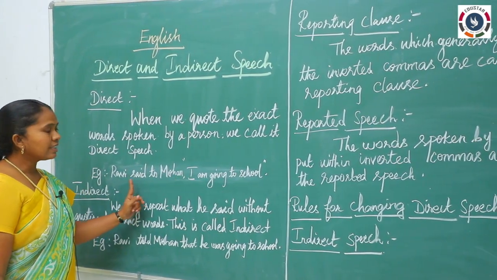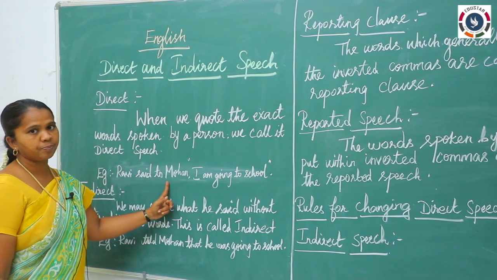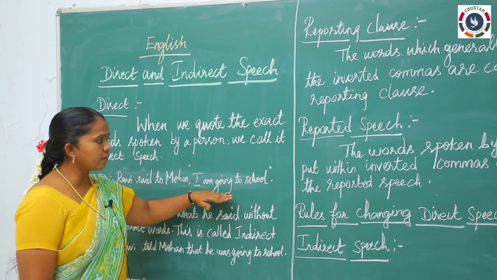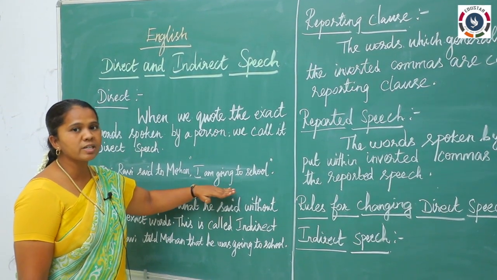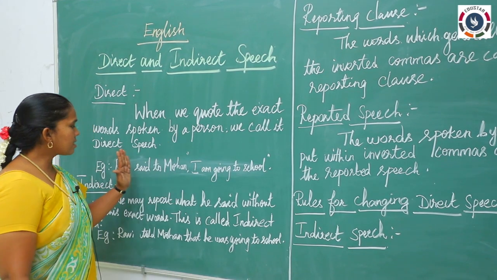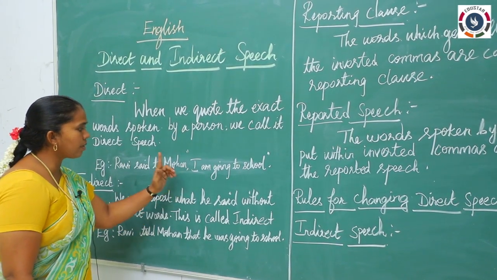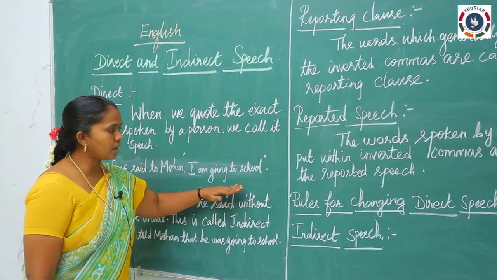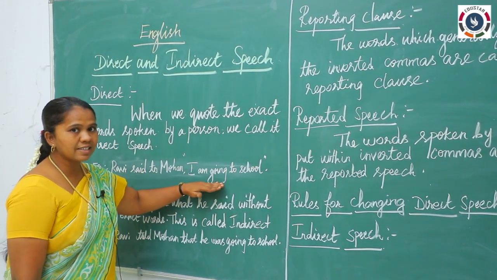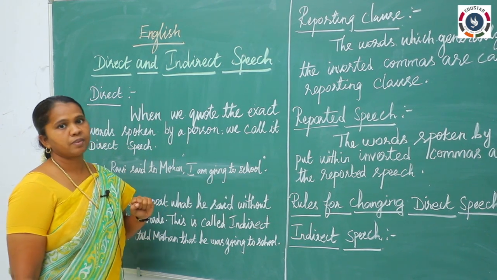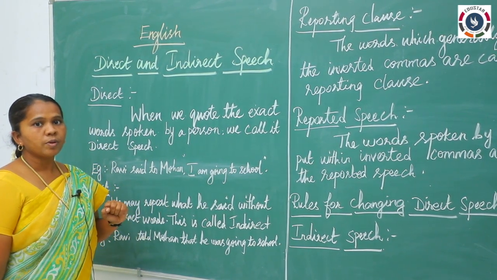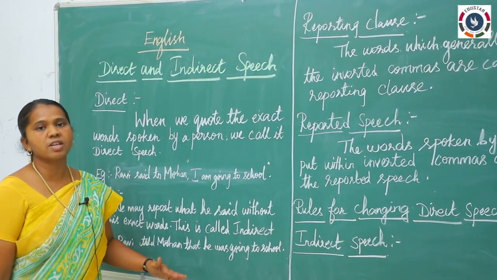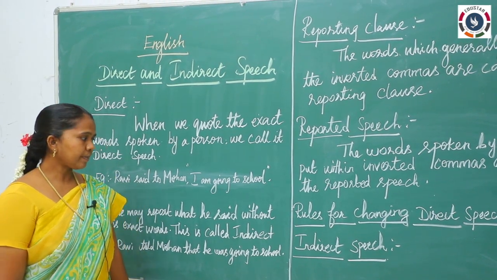Whatever we use there, that is reporting clause, and within the quotation whatever we use, that is reported speech. So now we should know how to convert the direct sentences into indirect way.